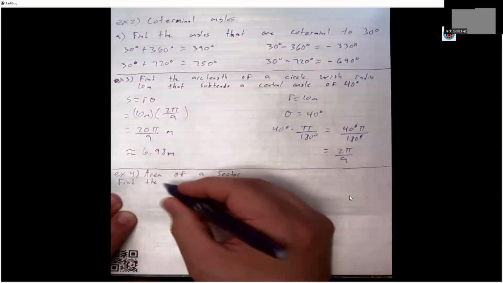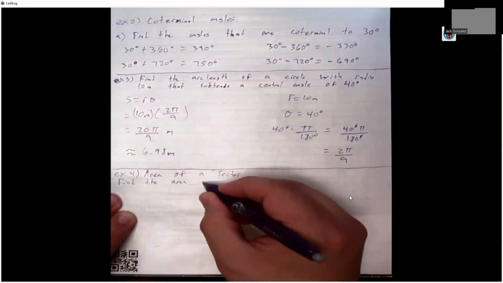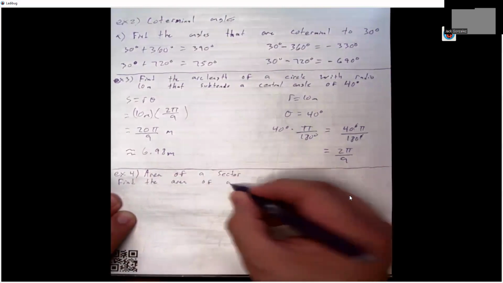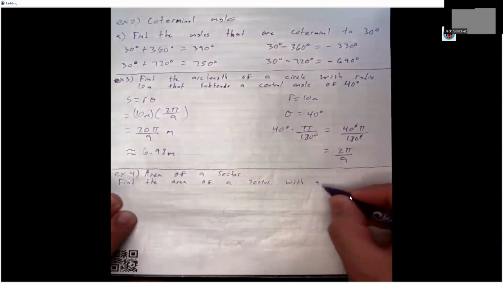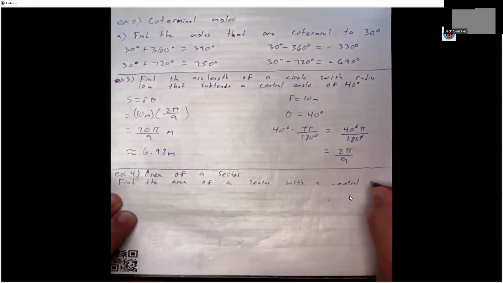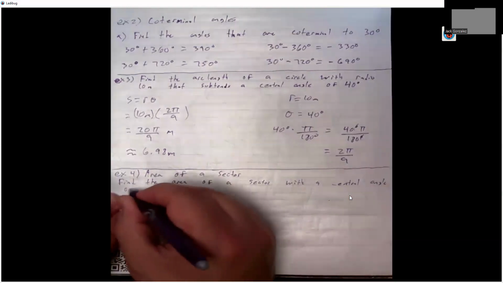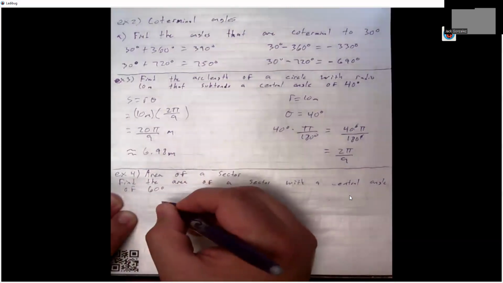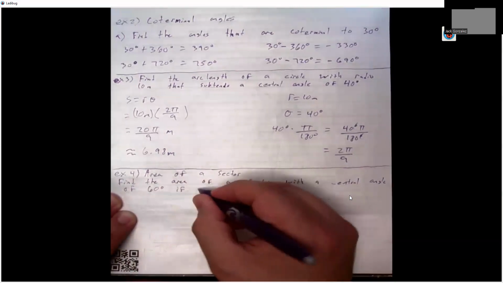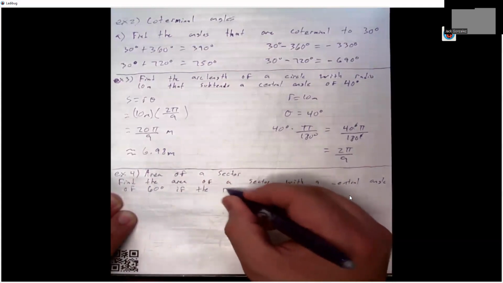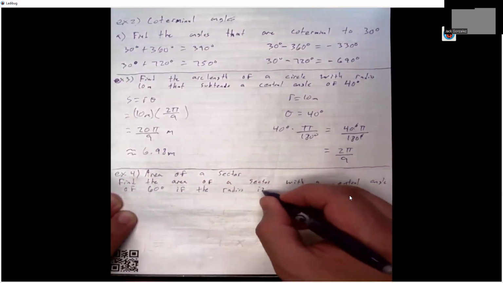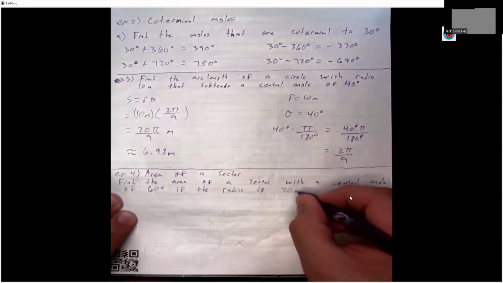I have a second. Find the area of a sector with a central angle of 60 degrees, if the radius is 20 meters.